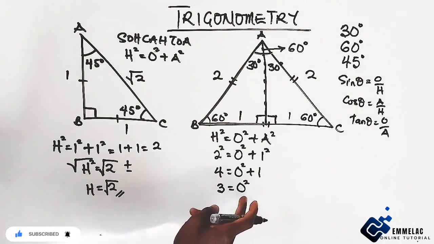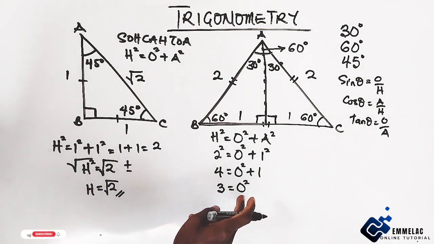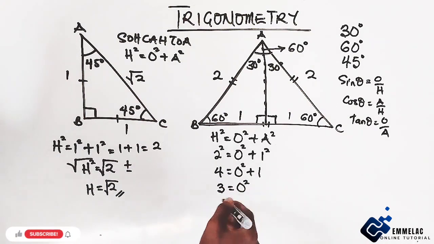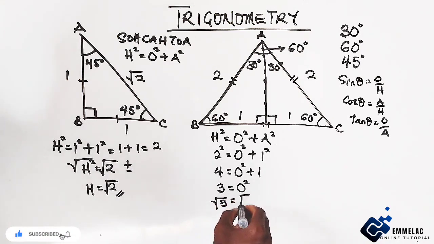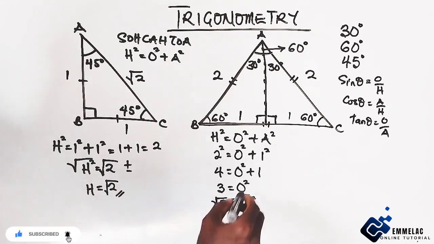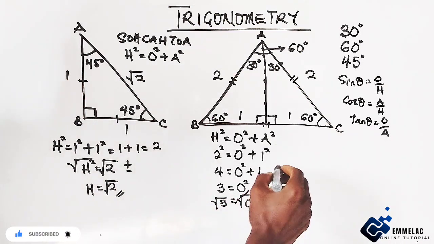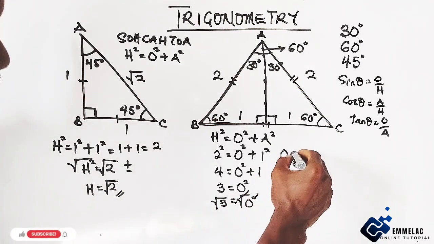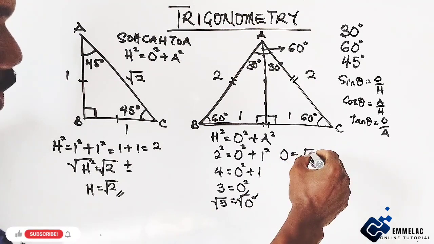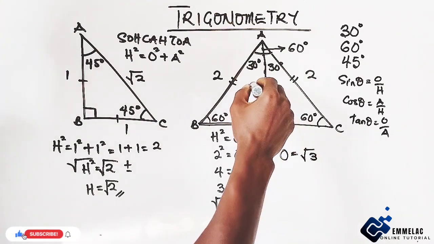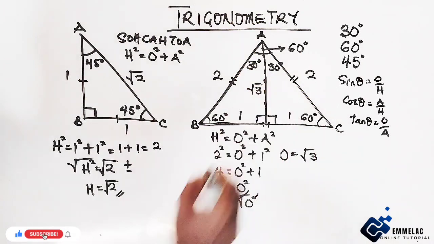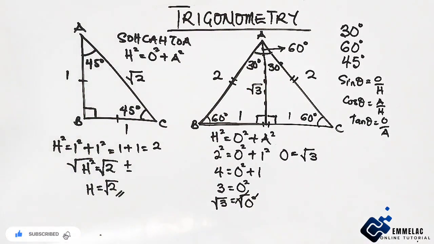Okay, now finding the value of the opposite, we take the square root of both sides, and this will eliminate the power 2. At the end of the day, we have that the opposite equals the square root of 3.